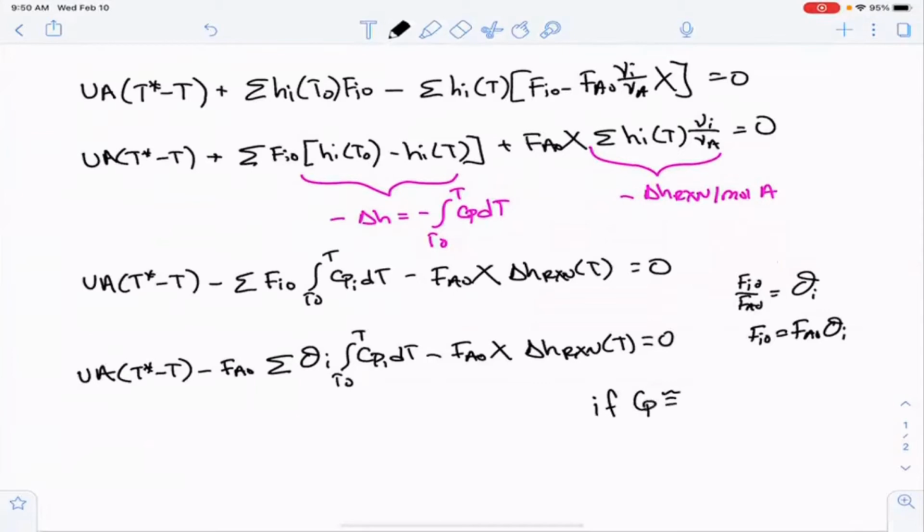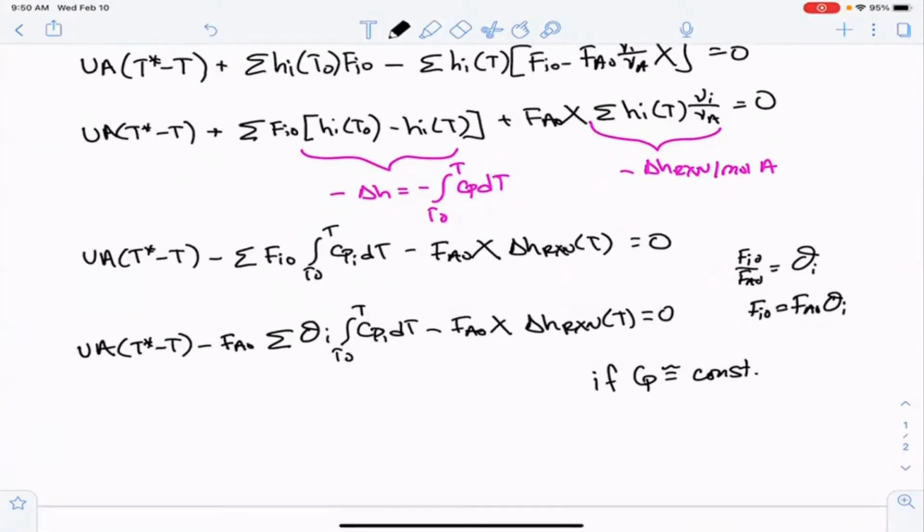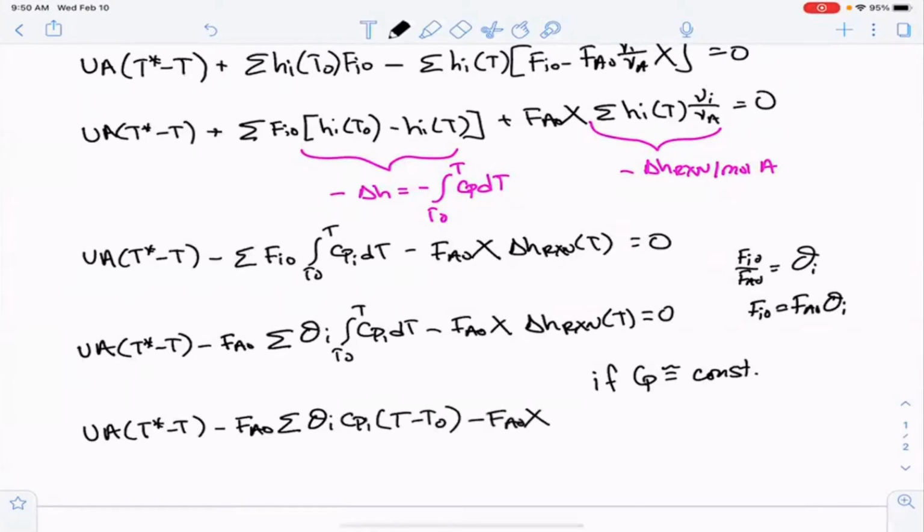And if the heat capacity is approximately equal to a constant, which it doesn't have to be, we could do the same integral using the delta Cp method or using the NIST Chemistry WebBook that we discussed in the last lecture. But if the heat capacity is approximately constant, this becomes UA times T star minus T minus FA0 times the sum of theta i Cpi times T minus T0 minus FA0 x times delta H of reaction is equal to 0.